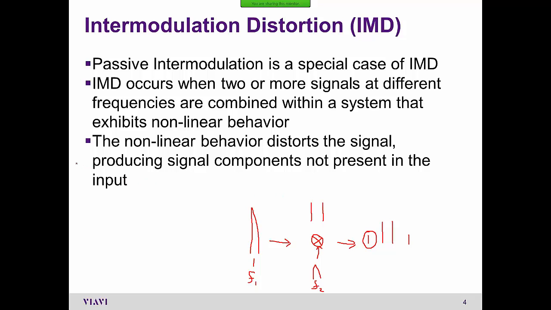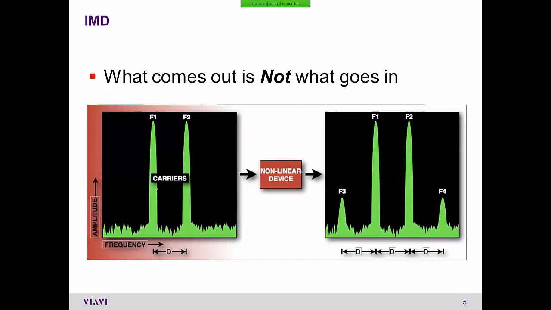The problem is, in your devices, antenna systems, you don't want that, right? You want what goes in to be what comes out. So intermodulation distortion is good, can be used to advantage for some things, but it's not good when you're talking about your antennas. So here's another picture of the same thing I just drew.